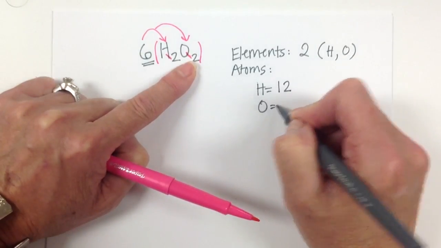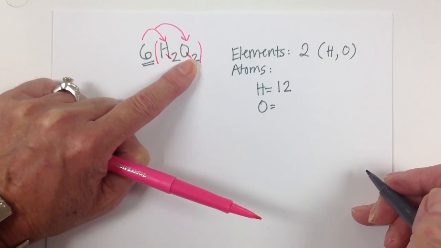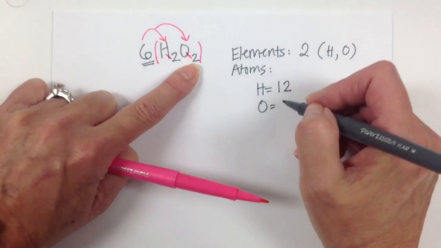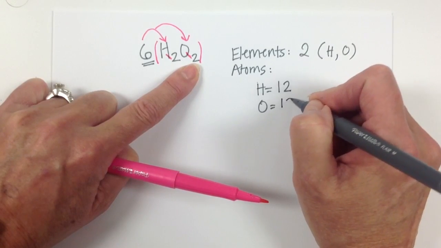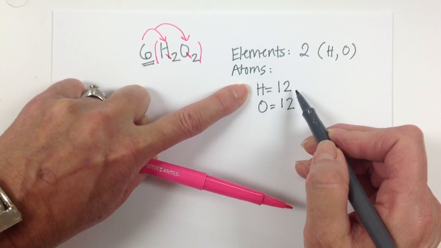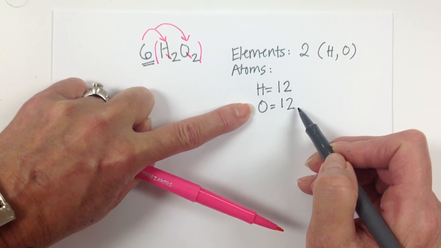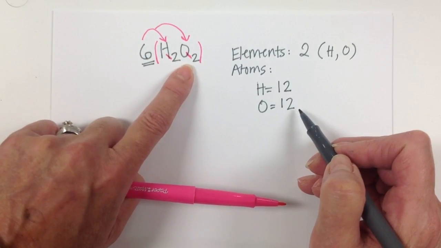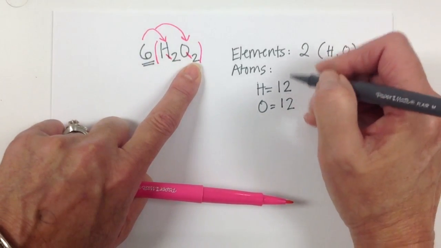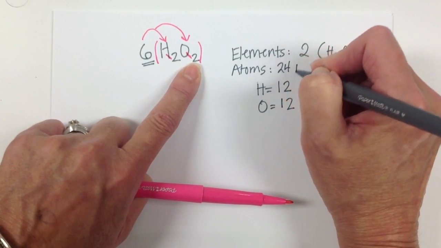And oxygen was also 2 in the original formula, but we have 6 of them, so 6 times 2 is also 12. So we have 12 atoms of hydrogen and 12 atoms of oxygen present in 6 molecules of H2O2. So total atoms would be 24 total.